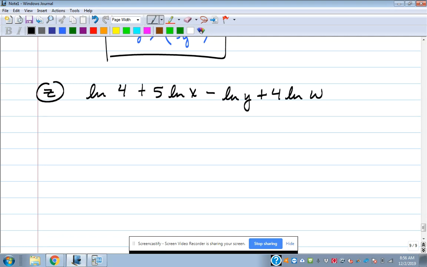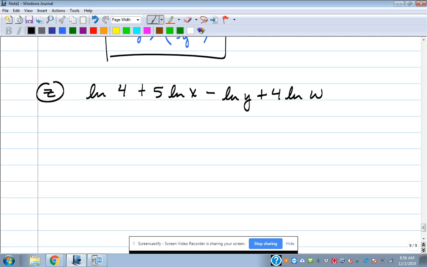So what goes to the numerator? What goes to the denominator? 4x on the numerator. Okay, so I got a 4x. What about the other one? The last piece is positive as well, right? So it's positive, so it's going to go where?